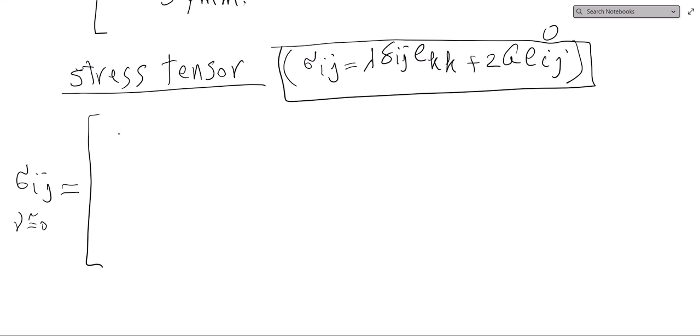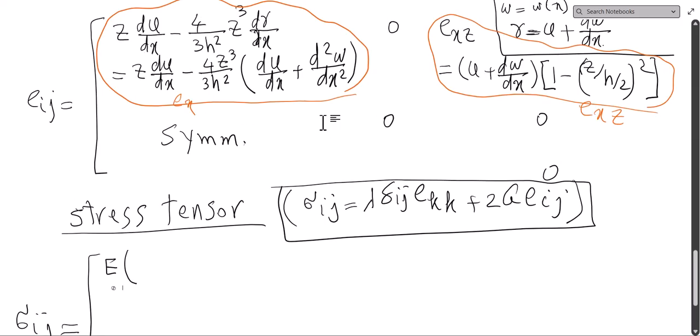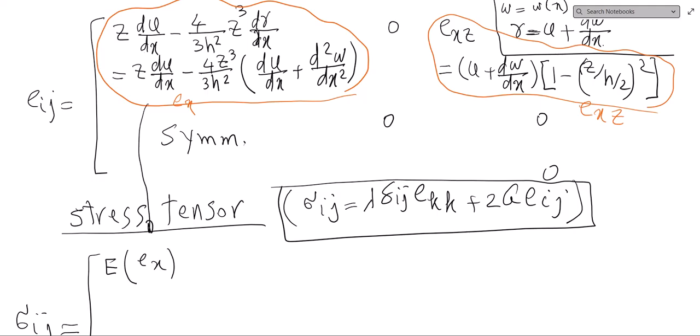So here we say that this becomes E times EX, which is here. So basically this bracket comes here. 0. And this becomes 2G, actually this should be divided by 2 here.